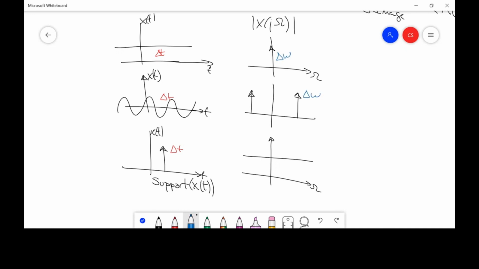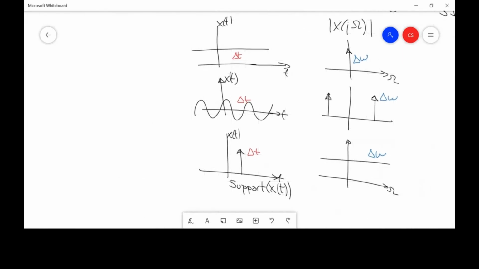And again, here it is very compactly supported, here it is very wide. So it turns out that the product delta omega delta t has to be larger than something. We don't care about what this something is precisely, but we care about the idea.